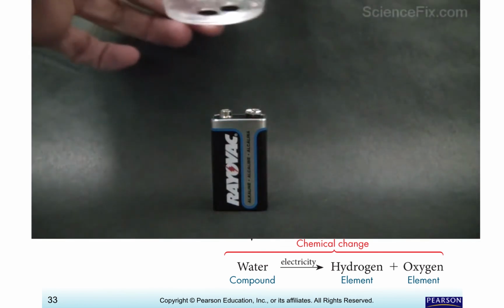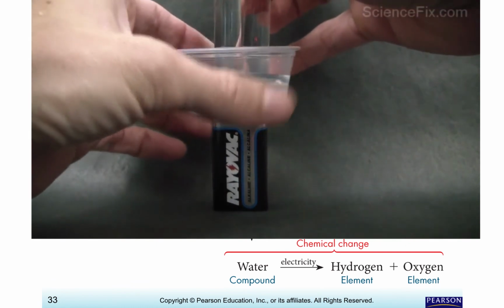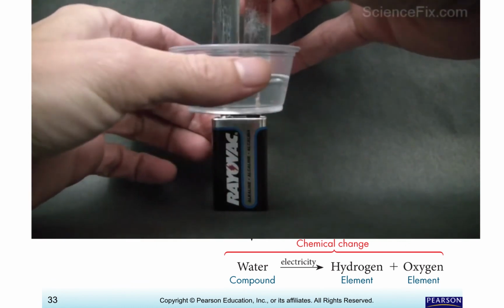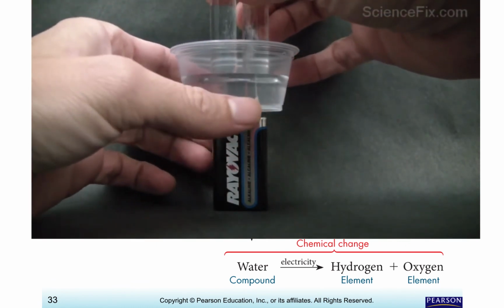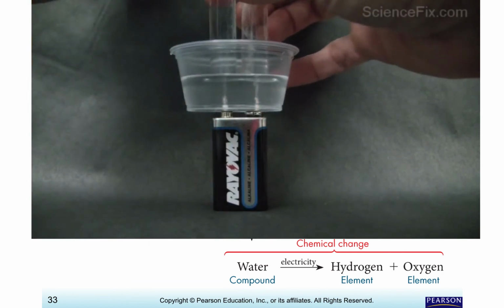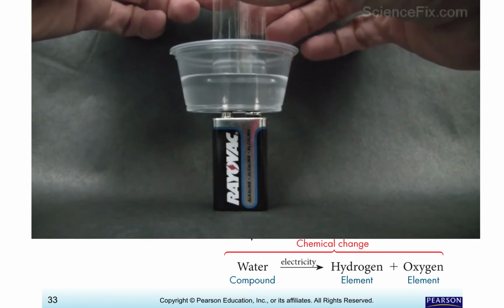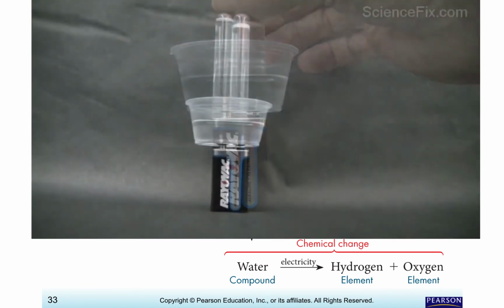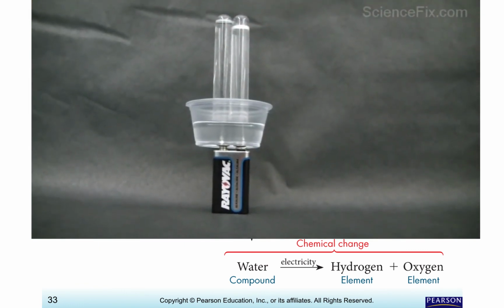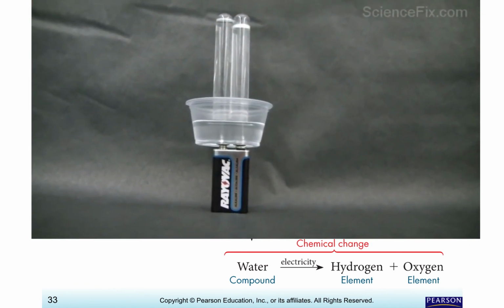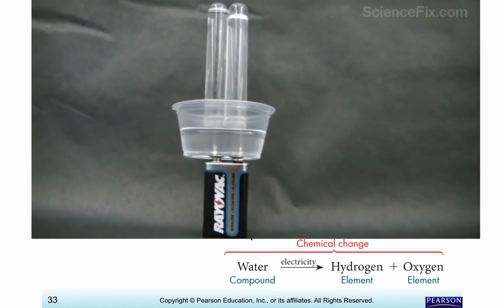In the container is some water that has baking soda mixed into it. The baking soda in the water allows electricity to flow between the 2 metal tips of the push pins. And so now you set them on the leads, and the electricity can flow between the 2 push pins.